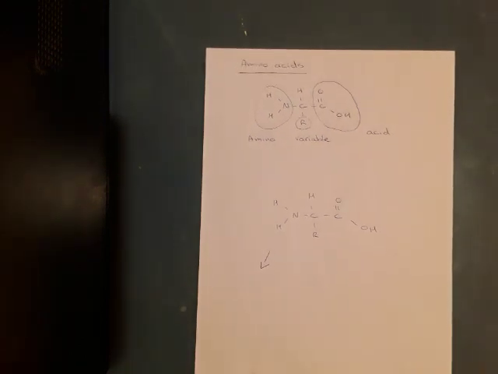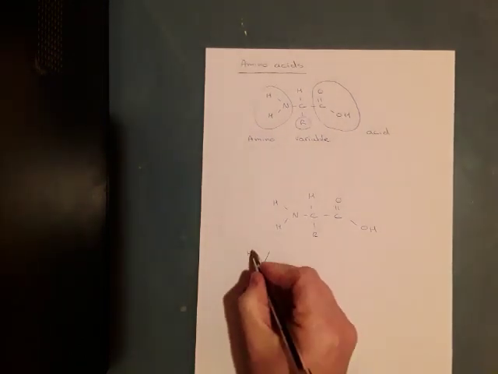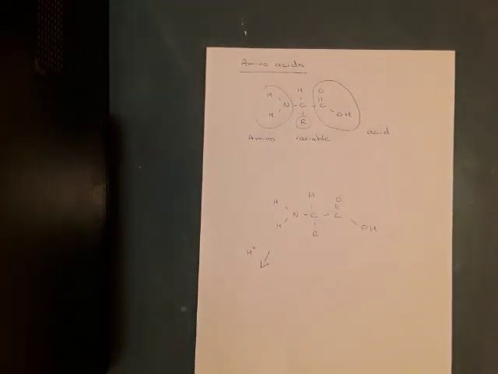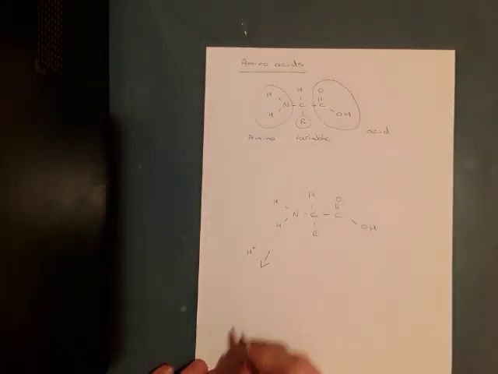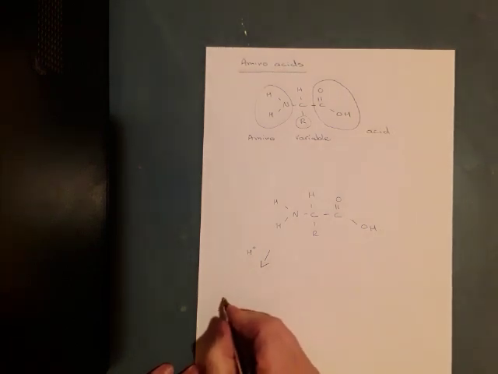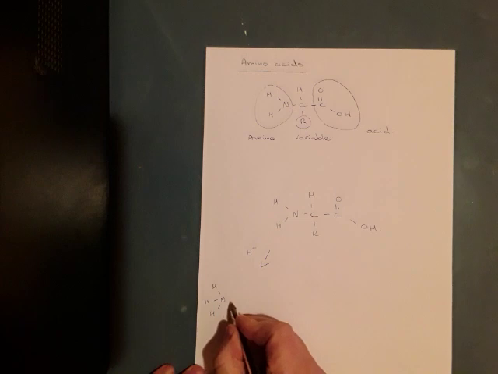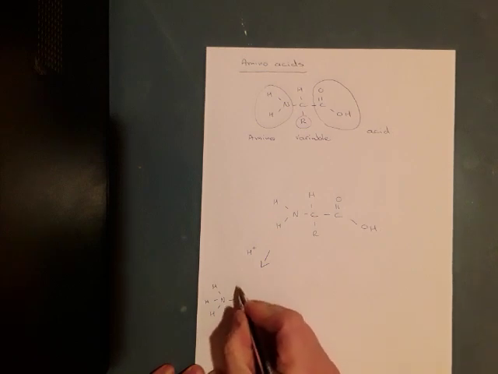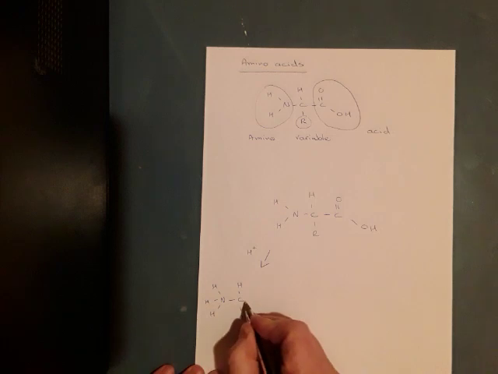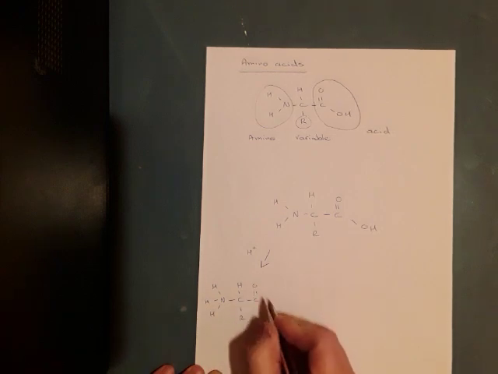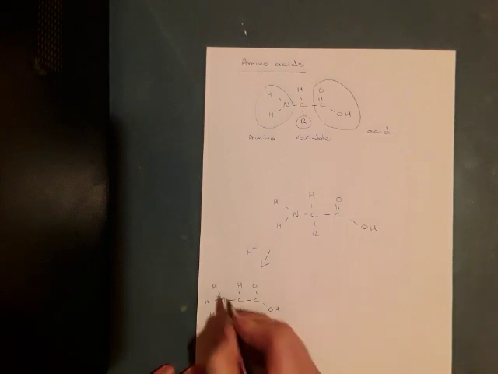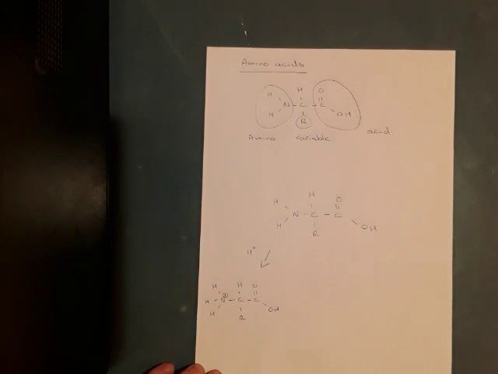If we were to acidify it, we're adding hydrogen ions, and we get protonation of the amino group. Got to remember to put the little positive charge there on the nitrogen. So this is when we protonate with an acid.